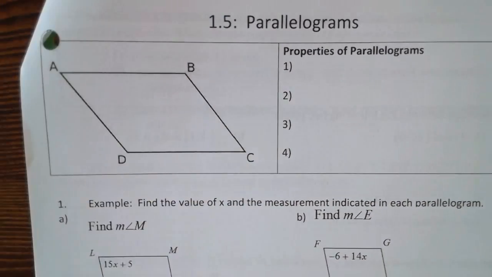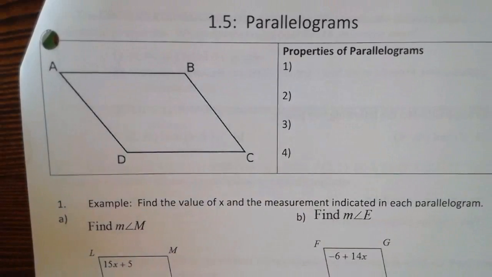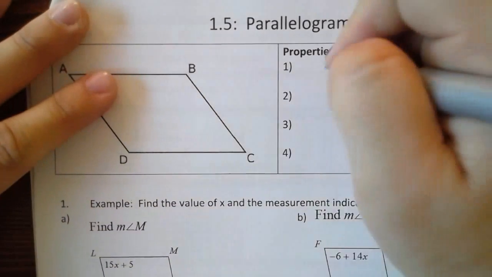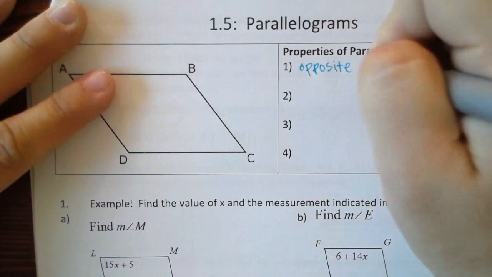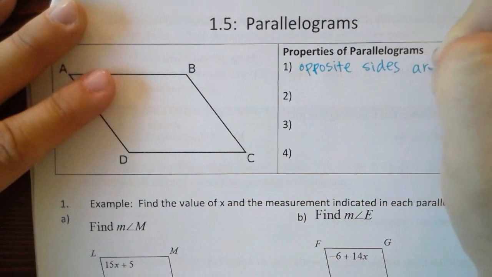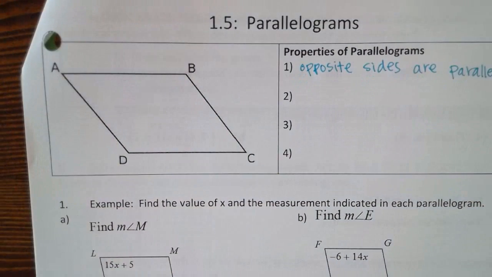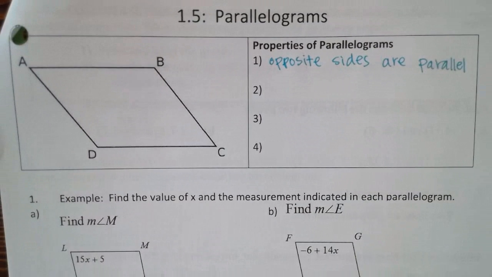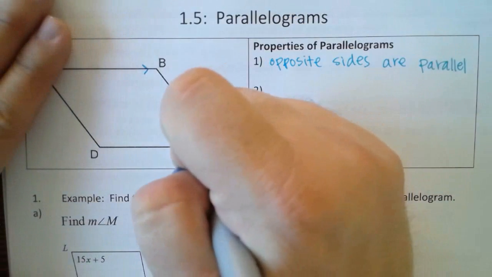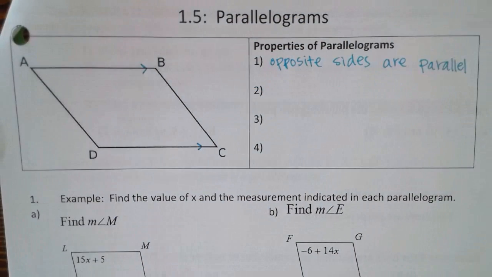The first one is, if it's a parallelogram, I know the opposite sides have to be parallel. The symbol for parallel lines are little triangles.